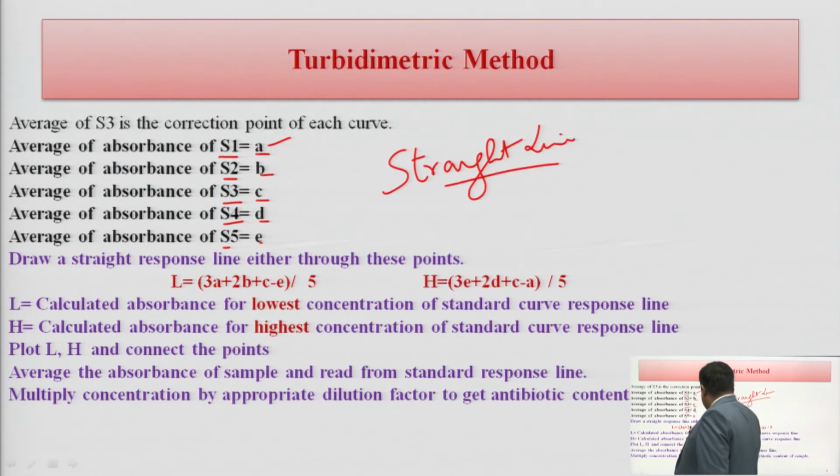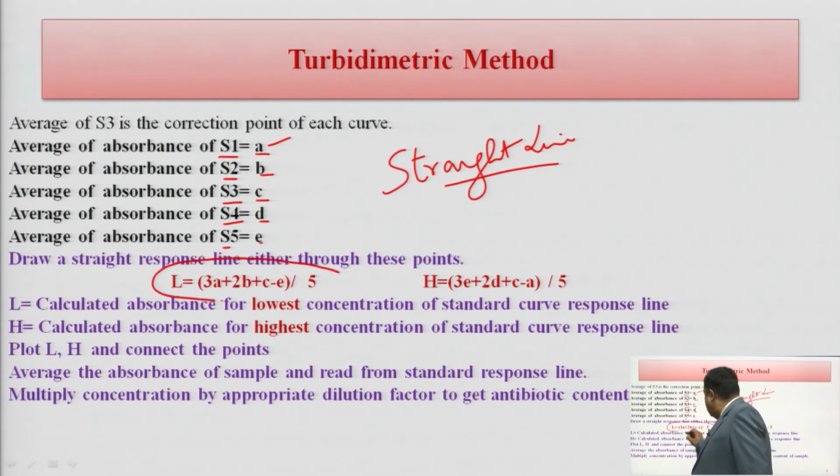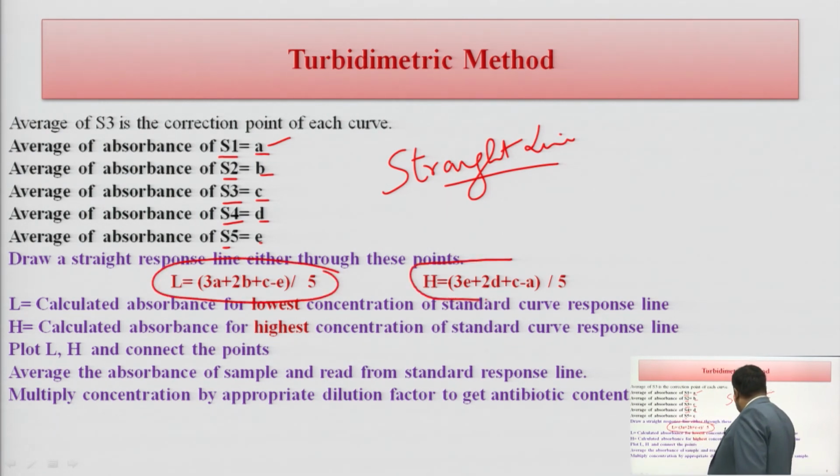If it is not coming in a straight line, you simply adopt this formula where L is equal to (3A + 2B + C - E) / 5, and H is equal to (3E + 2D + C - A) / 5, where L is the calculated absorbance for the lowest concentration, H is the calculated absorbance for the highest concentration.